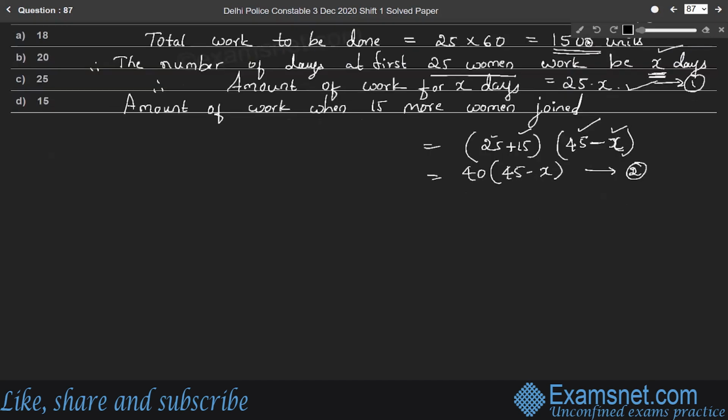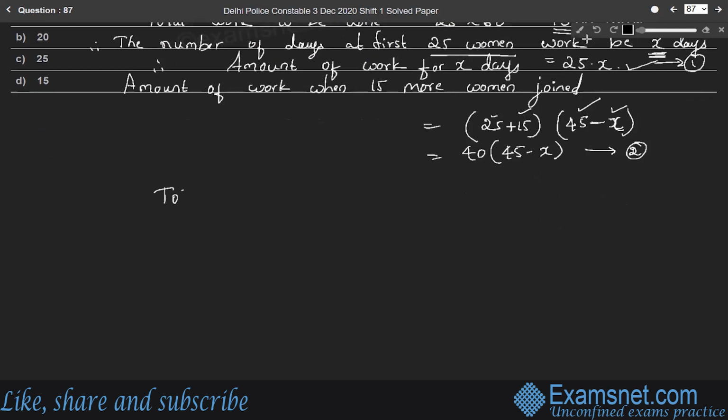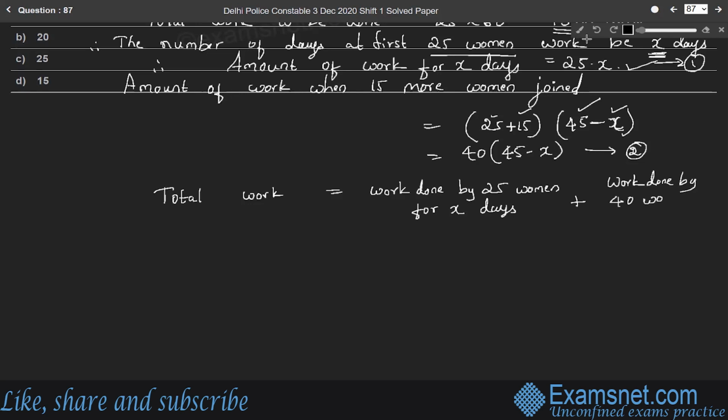Therefore, total work is equal to work done by 25 women for X days at first, plus work done by 40 women for 45 minus X days.